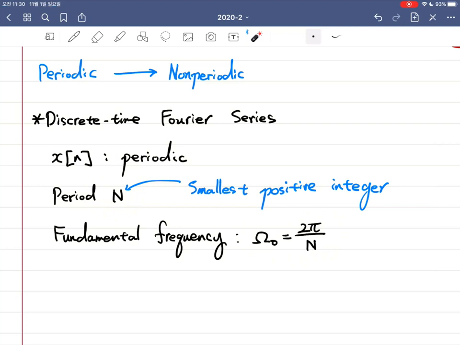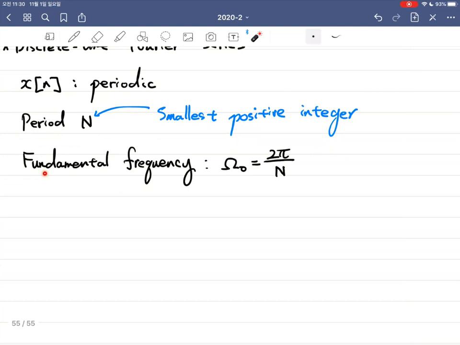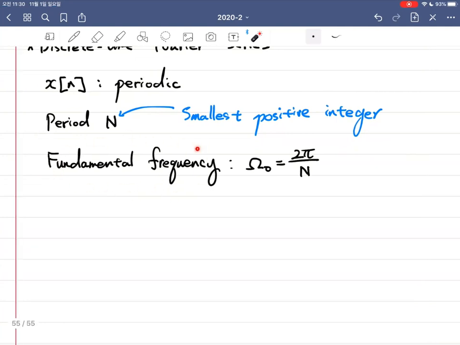And with the same idea from continuous time, we will consider this fundamental frequency as well as harmonically related frequencies, right?